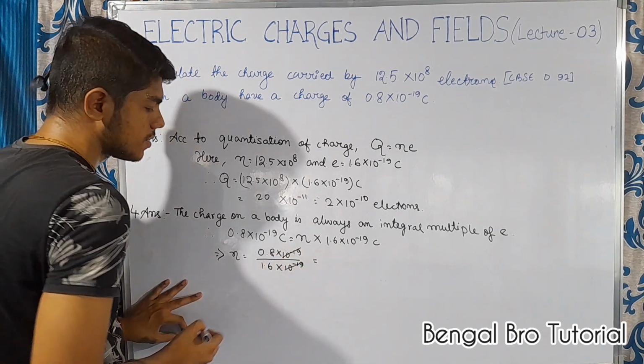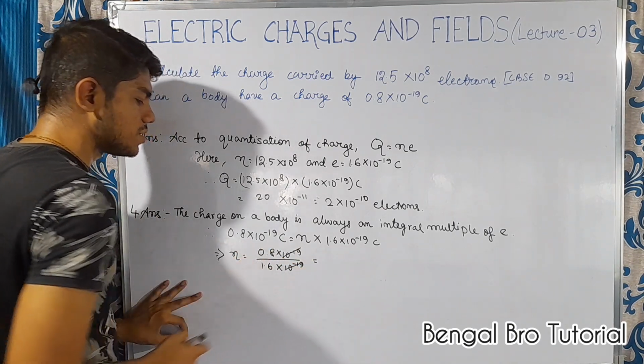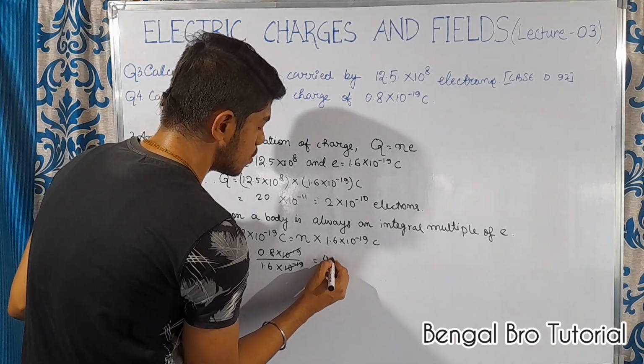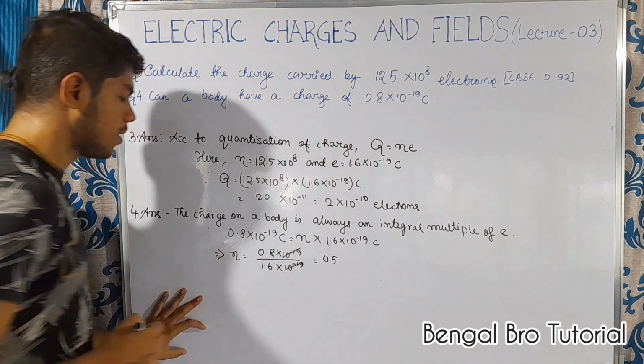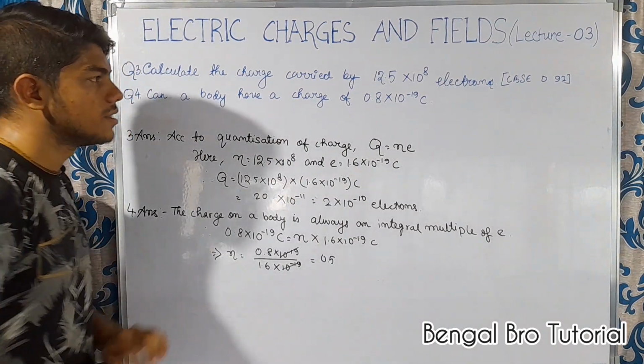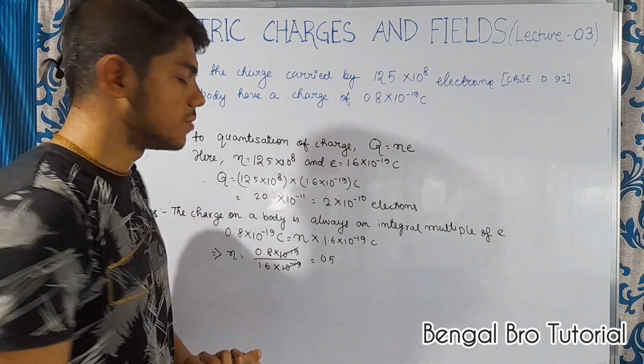We can cut this, and 0.8 by 1.6 is equal to half, which is equal to 0.5. Obviously, this is not an integer, which means that such a charge is not possible.